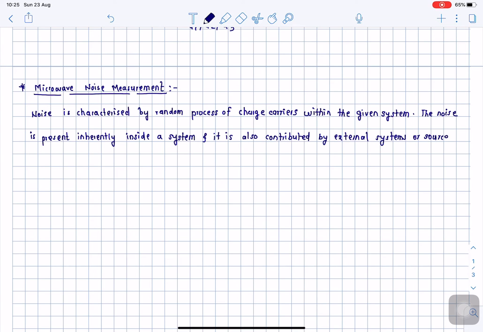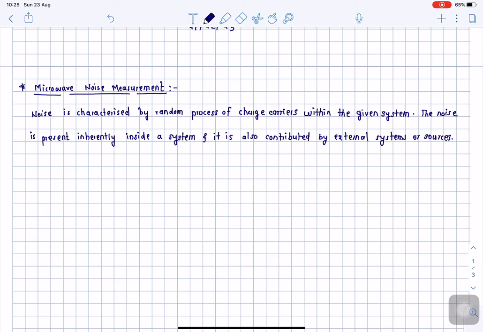Okay, so the noise can be generated inherently. It is always present inside a given microwave system, and this noise is contributed again separately by external connected devices or by external systems, right? So the noise can be passed into a microwave system from external sources, and it is also generated in the system itself.